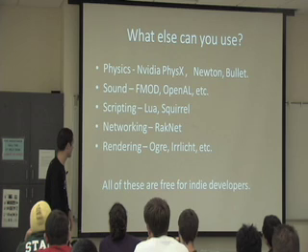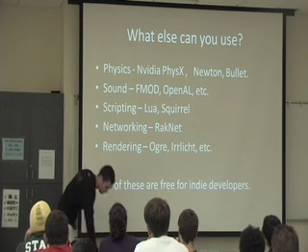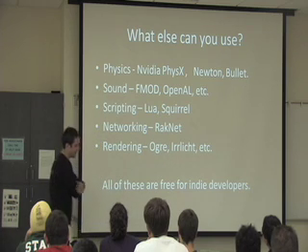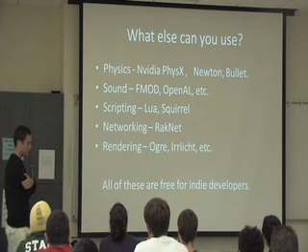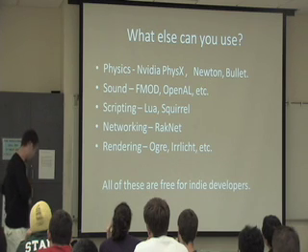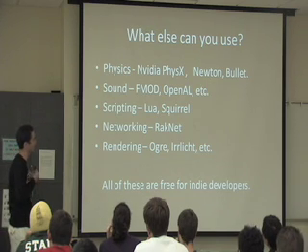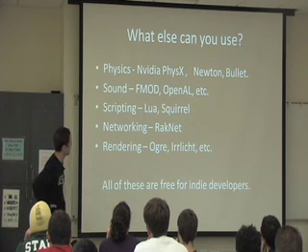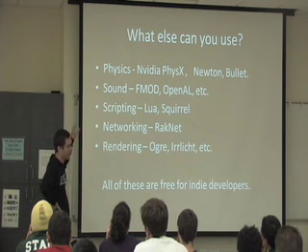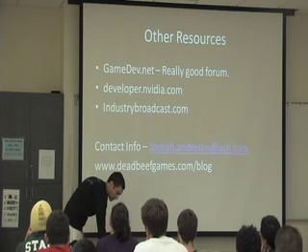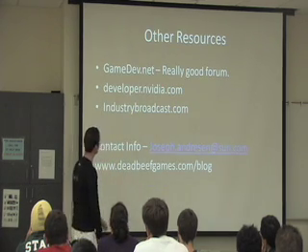But yeah, that's kind of stuff you can use for things like AI and animation. Really, you're not necessarily left for dead. Of course, there are things you can use, but these are kind of the big guys in terms of things that you need, possibly. So, other resources.